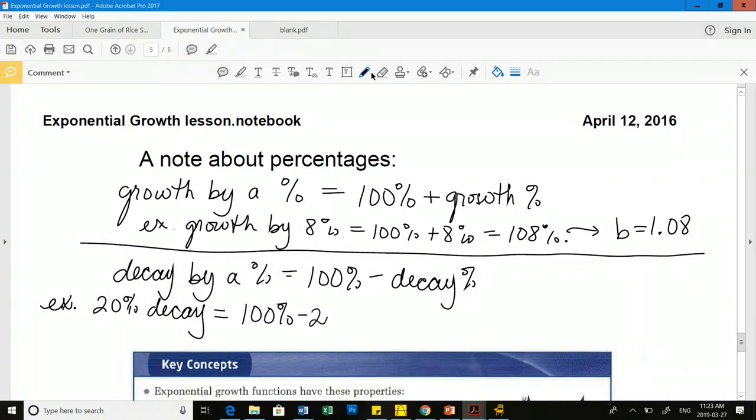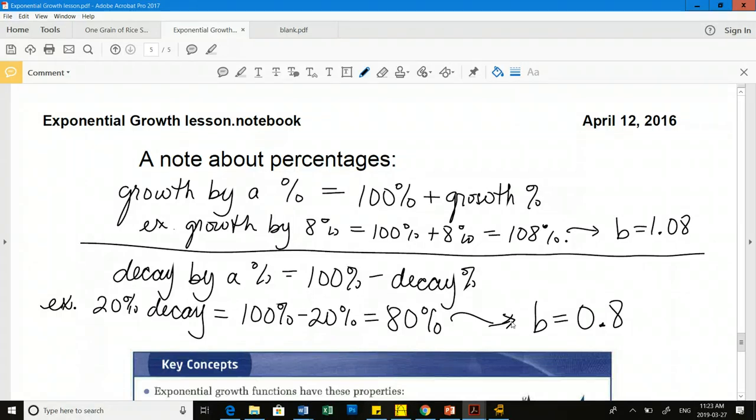If I decrease by 20%, how much of my value remains? 80. Good. So 80% remains after each time here, which means I would write my b value as a decimal of 0.8. Okay? That is the deal.